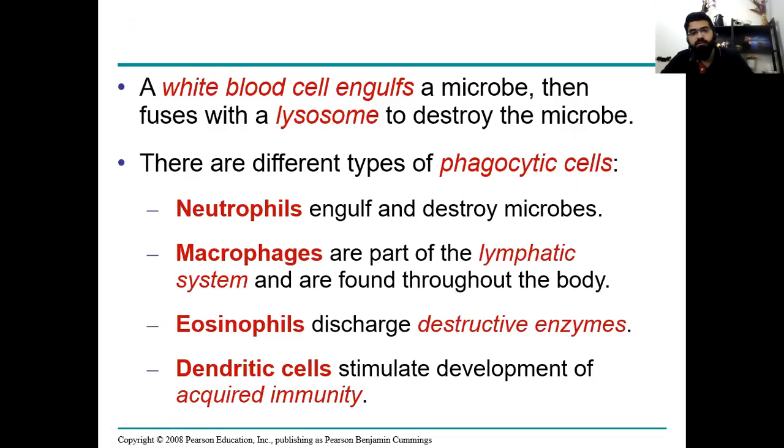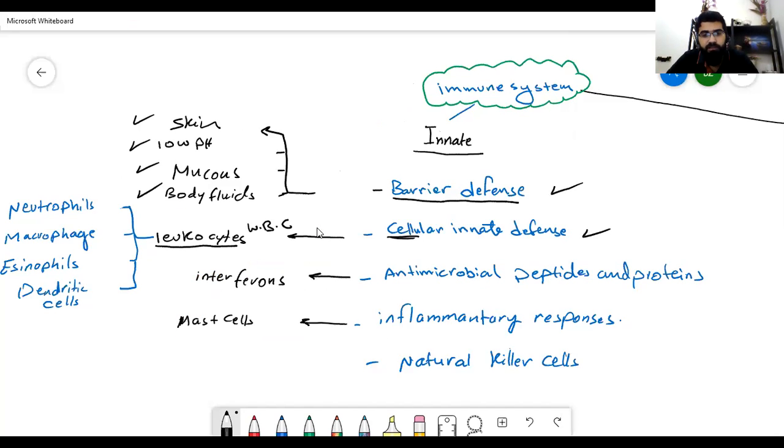White blood cells are different types. What are the cells that do phagocytosis, and not only phagocytosis, they do the cellular innate defense? What are these names of white blood cells?